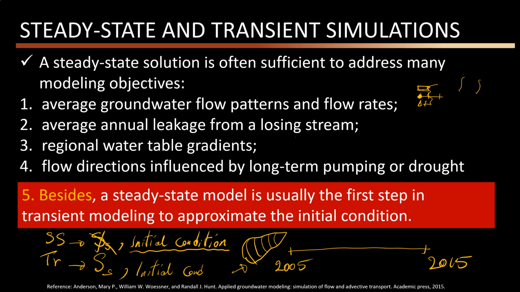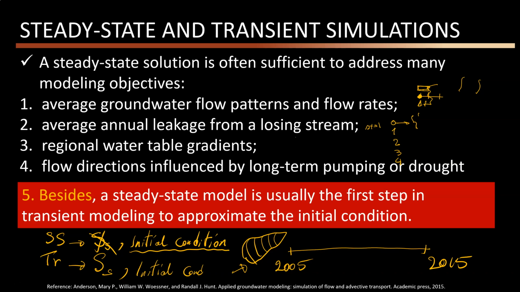We start the transient solution with a steady state condition. What does it mean? If, for example, this is my time domain, day 0, day 1, day 2, day 3, day 4, and my delta t here is 1 day, there are two ways to start the model from time 0.